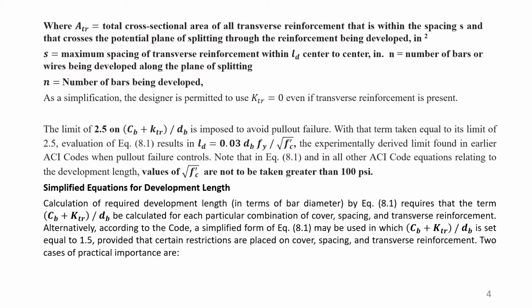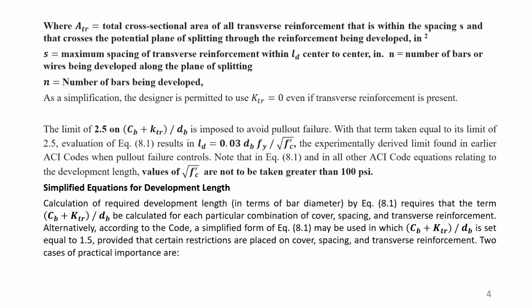If we want to use the simplified formula, we should follow some requirements: the beam should be designed in a proper and standard way, and the spacing of the stirrups, etc., should follow the ACI code properly.